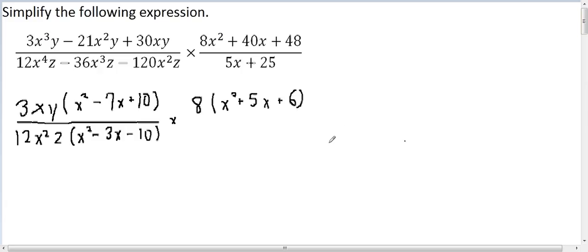And when we factor this number out from the polynomial here, we get x squared plus 5x plus 6. 5x plus 25, these terms have 5 in common, so we can factor that out, which leaves us with x plus 5.